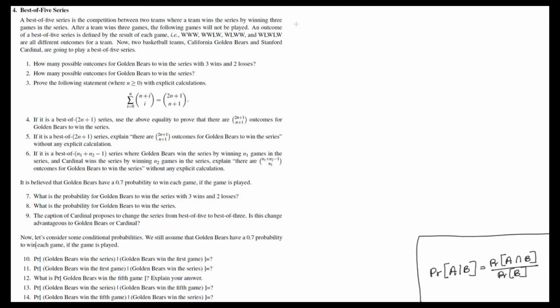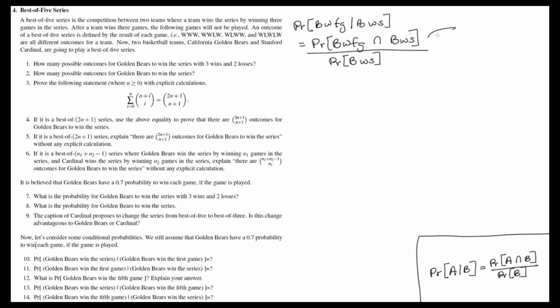Now we want to know, in part 11, the probability that the Bears won their first game given that the Bears win the series. Using the same formula from before, this is equal to the probability that the Bears win their first game and win the series, divided by the probability that the Bears win the series.